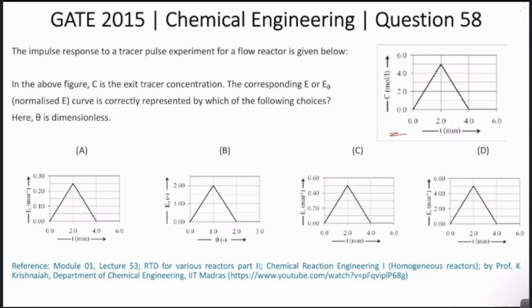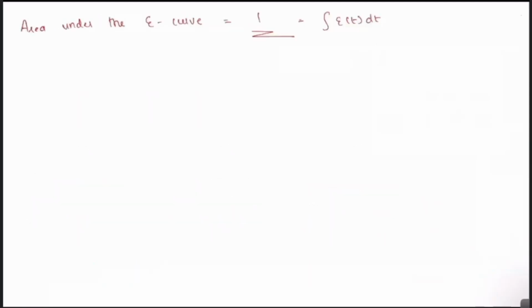So the first one, the area under the triangle is basically, for a triangle, area is half into base into height.